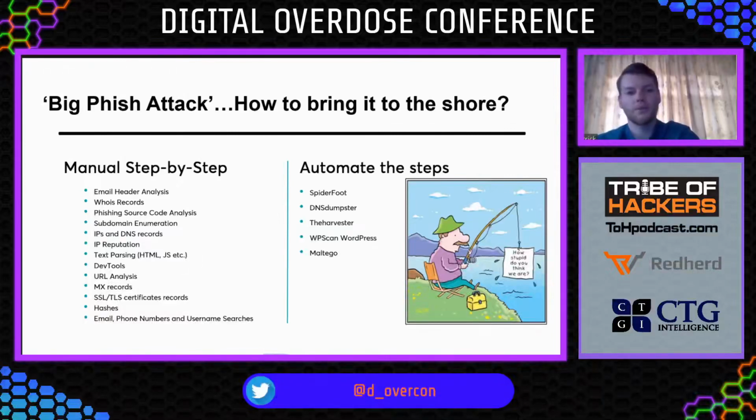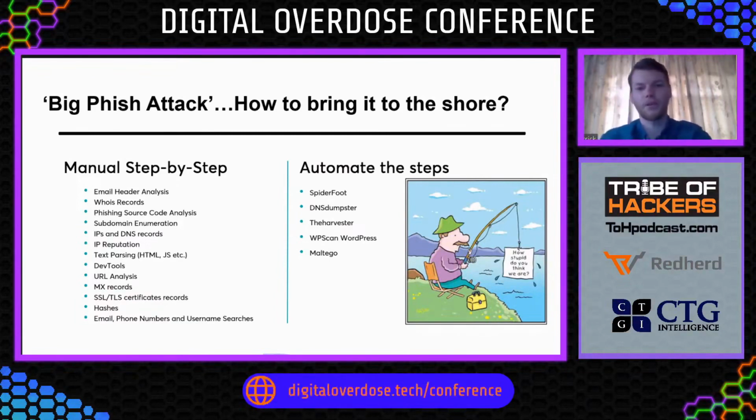You can do it from your browser. First, you are going to analyze the email header, and you follow some of the common steps in an investigation, looking at the WHOIS records and looking at the source code, subdomain enumeration, and so on and so forth.